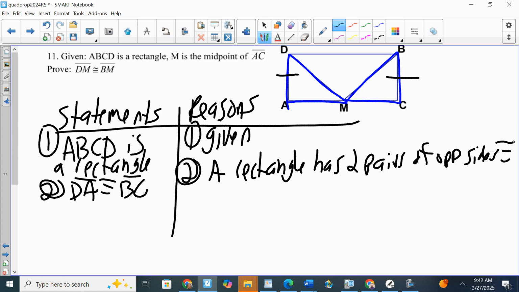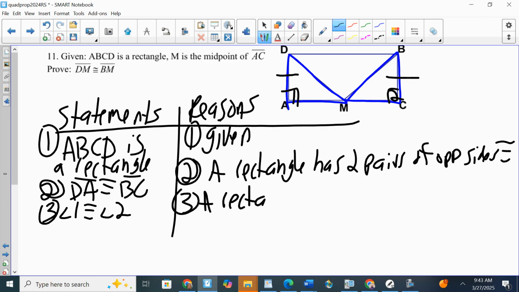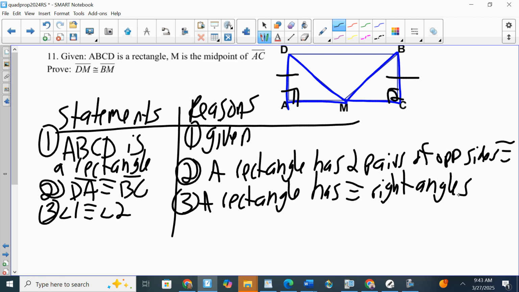What other property of the rectangle is going to help me? I've got congruent right angles. So we can do the 1 and 2 thing there to make it easier for you. Angle 1 is congruent to angle 2. A rectangle has congruent right angles. That's how we use the properties of the parallelograms to get corresponding parts of the triangles. I got nothing else with the rectangles.